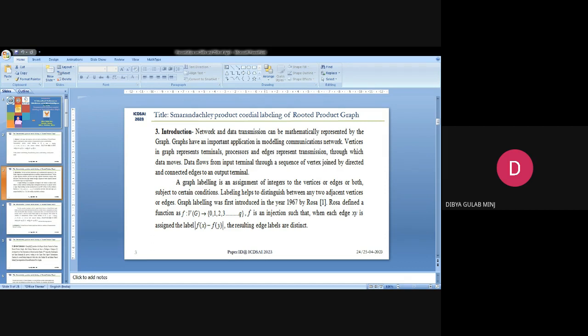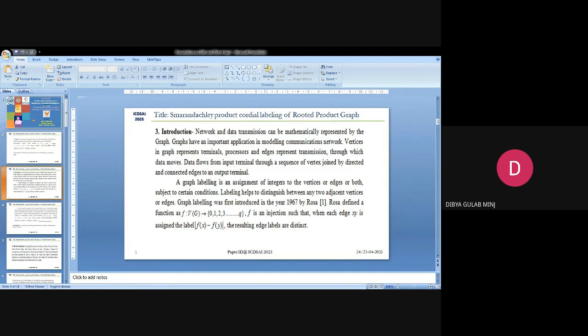Similarly, we prove it for the edges. Then the second graph I have taken is P4 composition P6, and then we can continue with P4 composition P8, P4 composition P10, P4 composition P12, and in all of them the result is greater than or equal to 2.